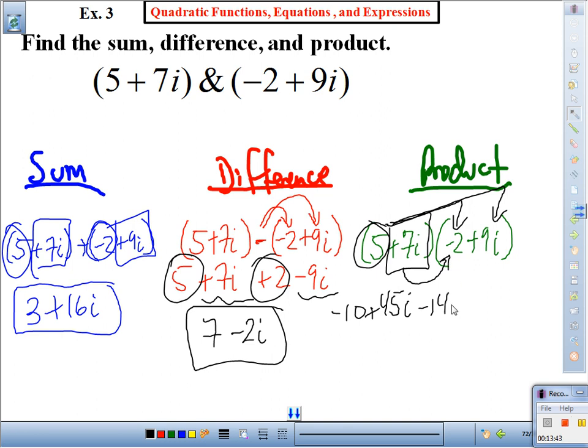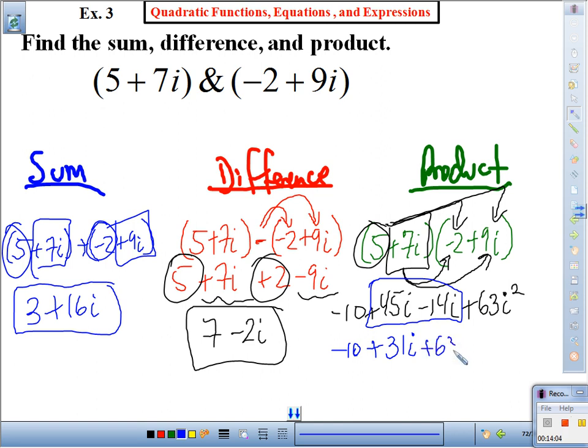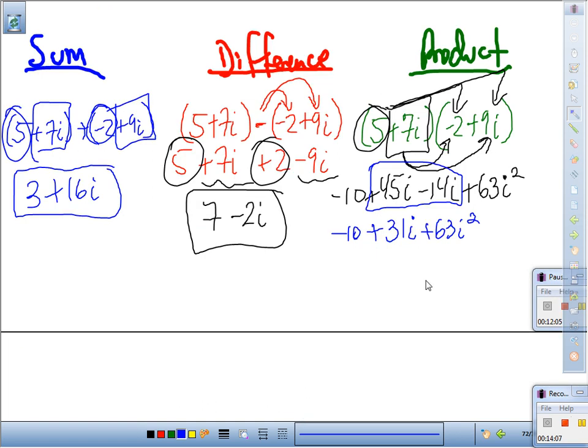Negative 14i. And what is 7i times 9i? 63i squared. Let's combine like terms. Negative 10. And we got 45 minus 14. That's positive 31i. Bring down the plus 63i squared. Am I done?